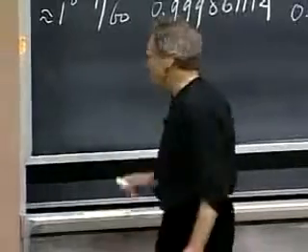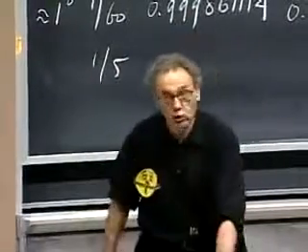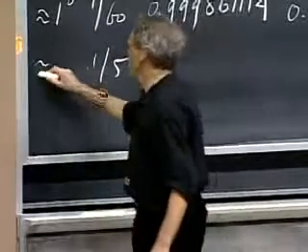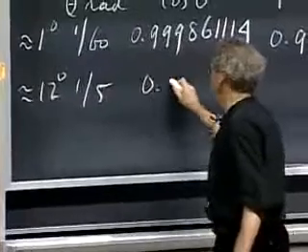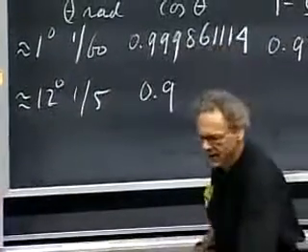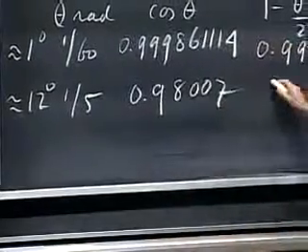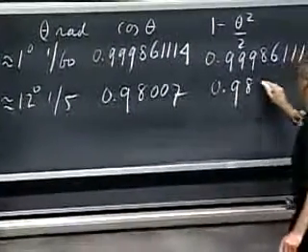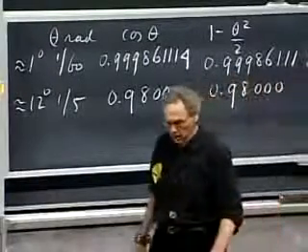Suppose now I go a little rougher, and I go to 1/5 of a radian, which is very roughly 12 degrees. Then the cosine of theta equals 0.98007, and 1 minus theta squared over 2 equals 0.98000. So that still is amazingly close.